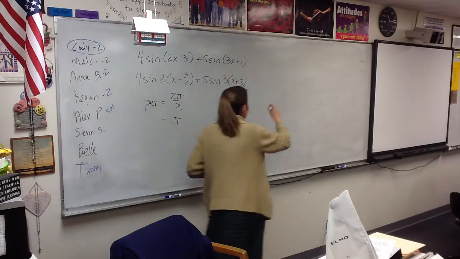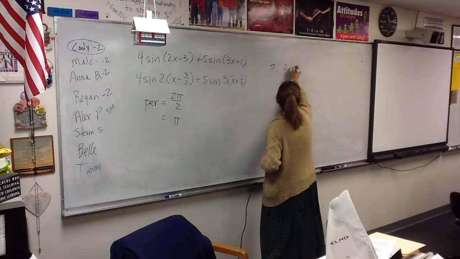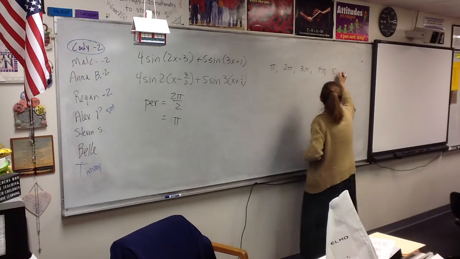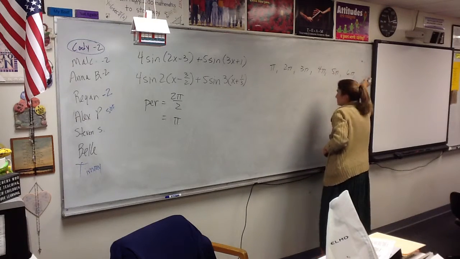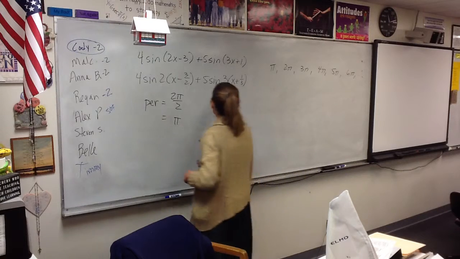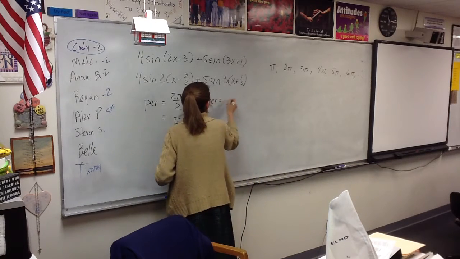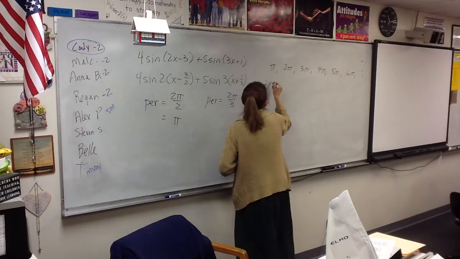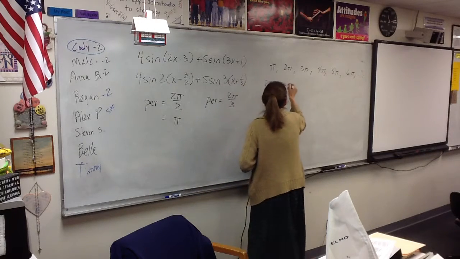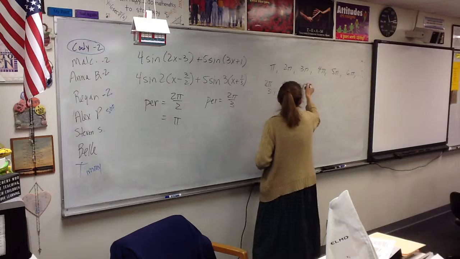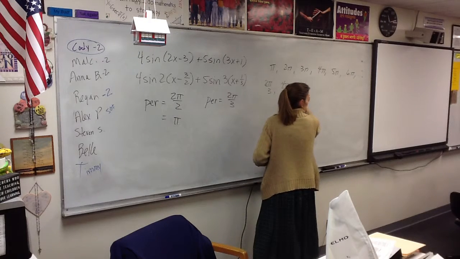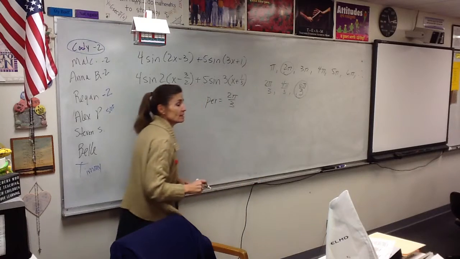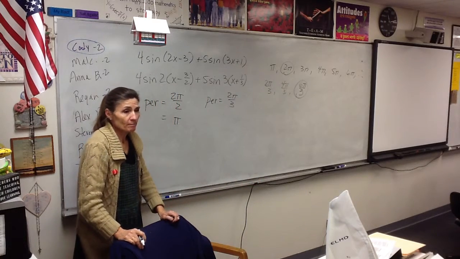So this one repeats every pi. This one, the period is 2 pi over 3. So it repeats at 2 pi over 3, 4 pi over 3, 6 pi over 3, which is 2 pi. So your period is 2 pi.